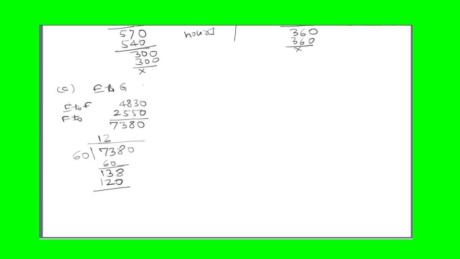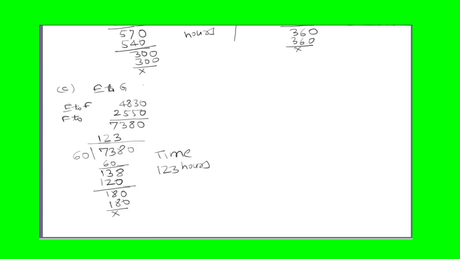We get remainder as 18. We carry 0 from above. It goes for 3, 180. So answer here is time is 123 hours. Again, when the bus doesn't stop anywhere.